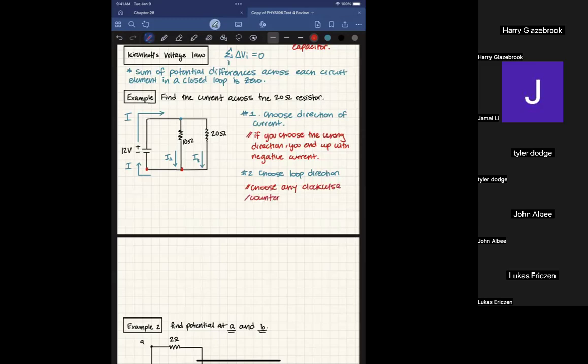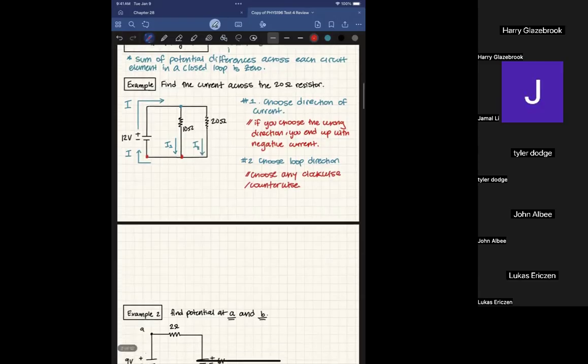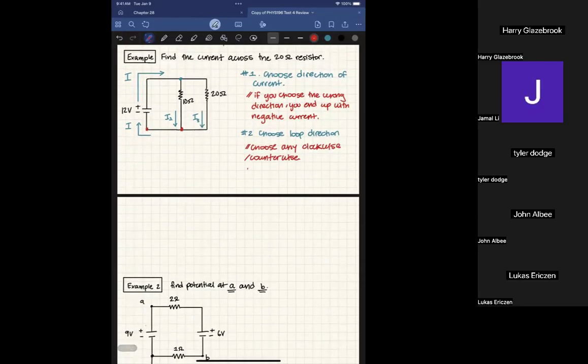But there is one important thing I have to say. Whatever direction you choose for one of the loops in the circuit, you have to also do for the second. So you cannot change the directions of your loop. If you choose clockwise, you have to stick with clockwise. If you choose counterclockwise, you have to stick with counterclockwise. And that's really important. So I'll put a note: need to stick with your choice.